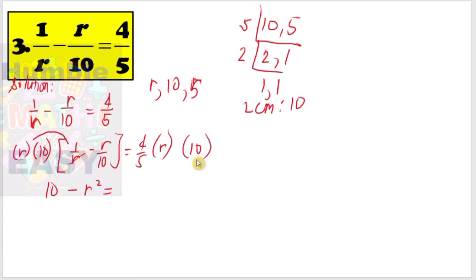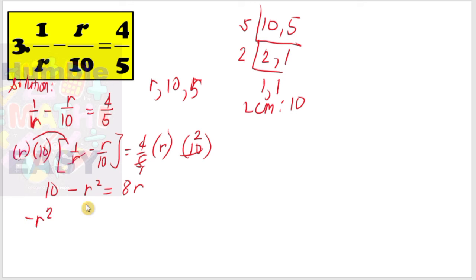Here we have 10 and 5. 10 divided by 5 is 2, 5 divided by 5 is 1. So 4 times r times 2. So 4 times r is 4r times 2 is 8r. So here we have now arranged.